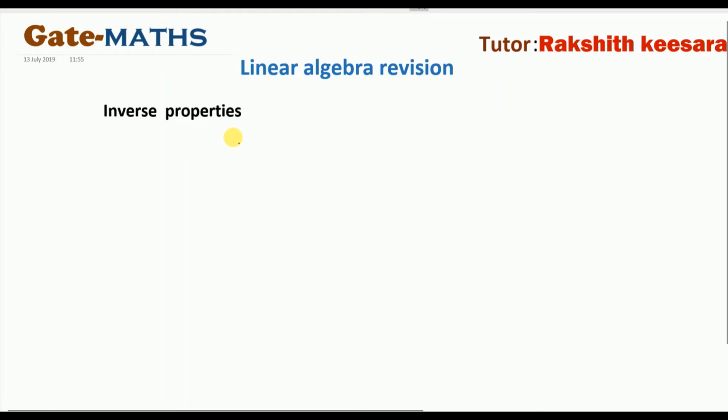While coming to inverse of a matrix, if det A equal to 0, it is called a singular matrix. If det A not equal to 0, this is called a non-singular matrix. And kA whole inverse will be equal to A inverse by k.